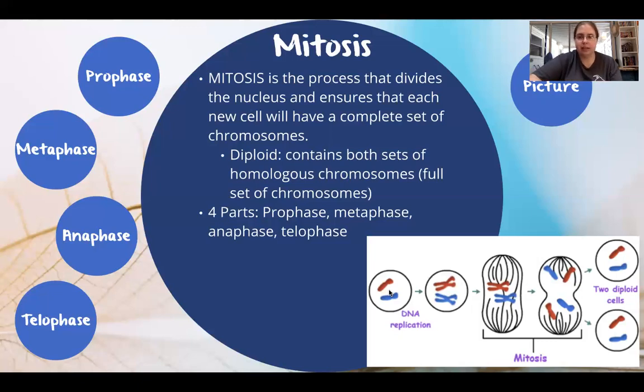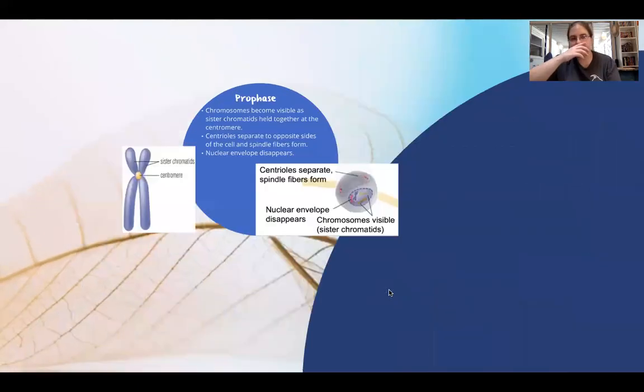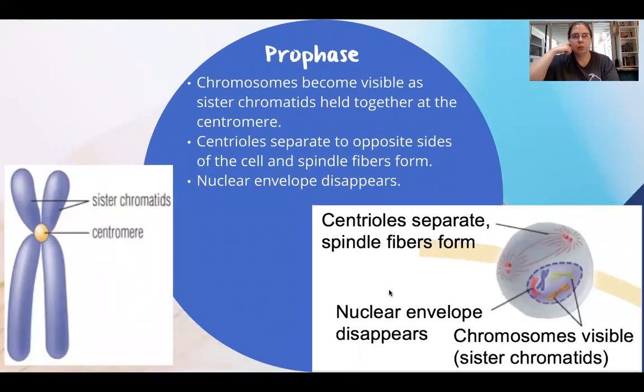Now let's go ahead and start looking at these different phases. We're going to start off with prophase. This is the first part of mitosis. Now in this, the chromosomes become visible. And when we say they become visible, we don't mean that they were necessarily invisible at first. What we mean is that they're switching from the chromatin form, which is so densely packed that you can't see it with a regular light microscope.